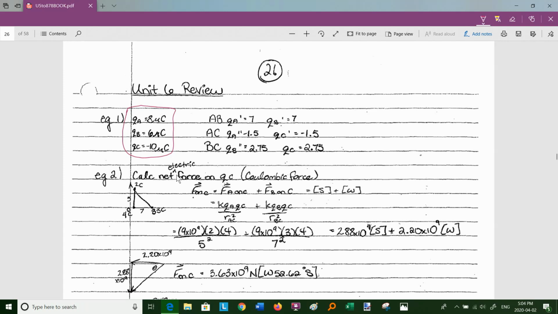So again, let's see there. 2.75, really? 2.75 times 2 is 5.5. Okay, so what did we have here? We had QC prime is negative 1.5, and QB was 7.